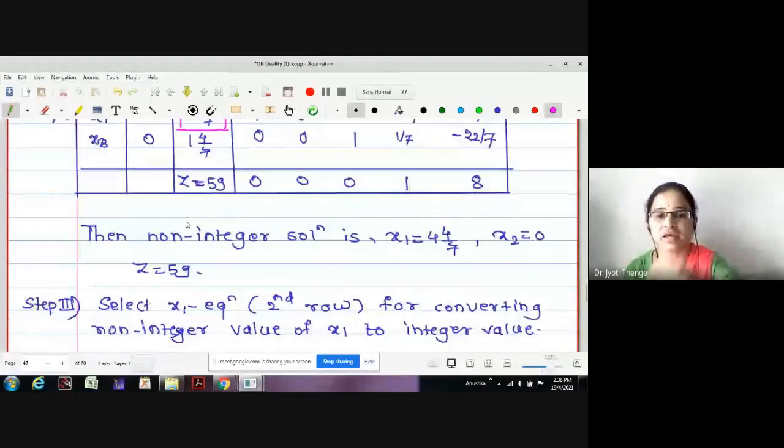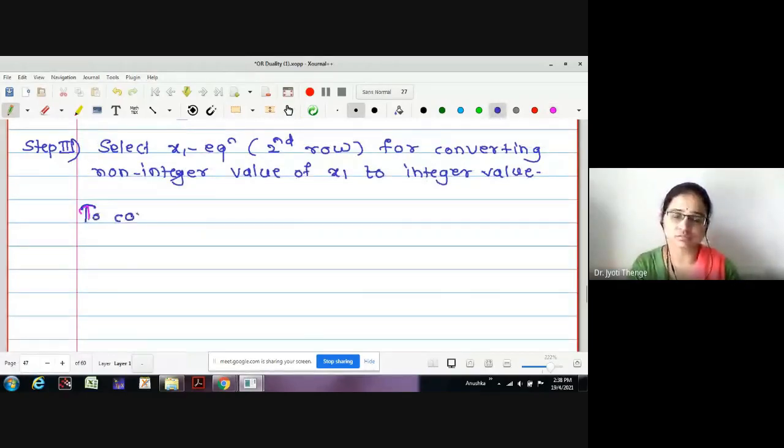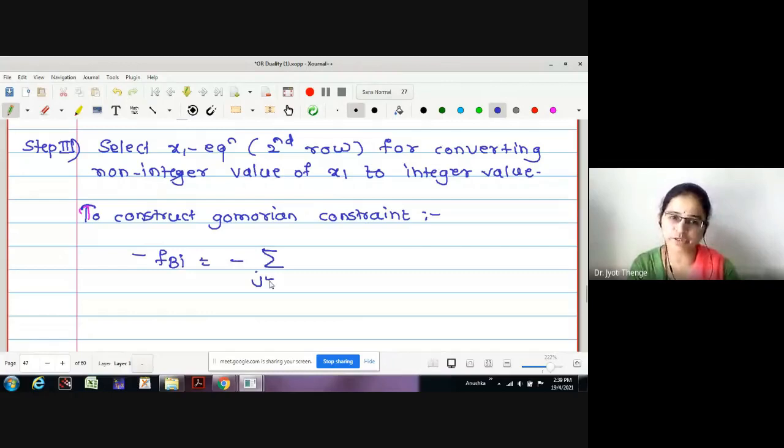If I am selecting this to be the second row, now we will construct the Gomorian constraint. Let us recall the equation again. Minus fbi is equal to summation j equals m plus 1 to n fij xj plus gn.